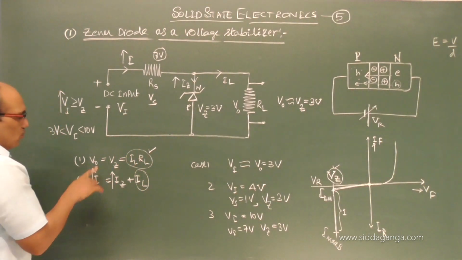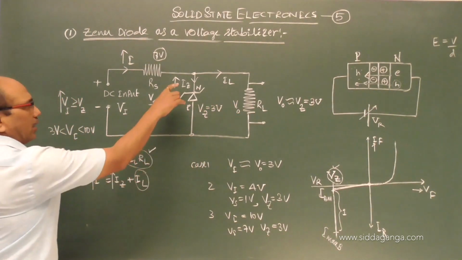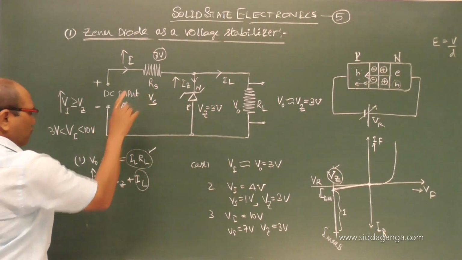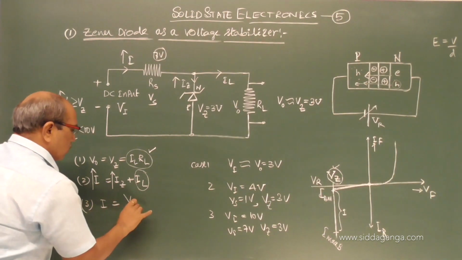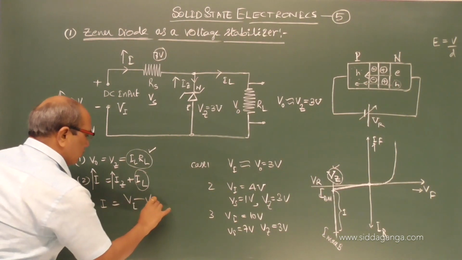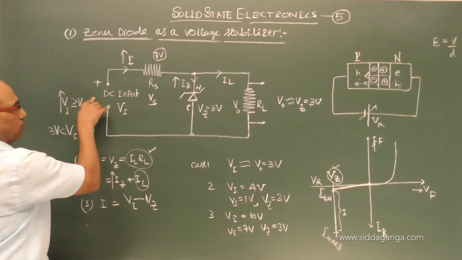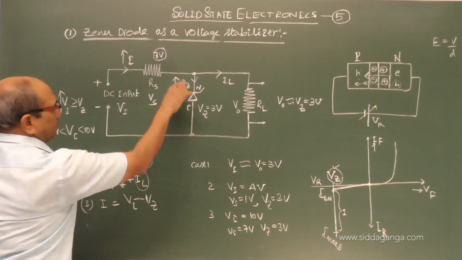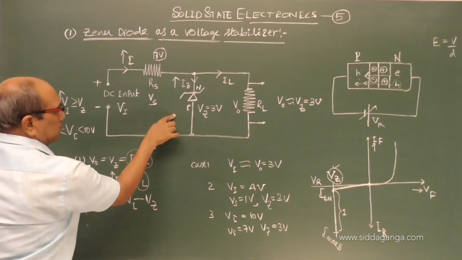Now I have given two equations here: output voltage equals the Zener voltage, and the Zener current. If you want the current in the load resistor, it is Vi minus Vz. Vi, that is the input voltage, minus this, as these two are in series and this voltage is the same here.